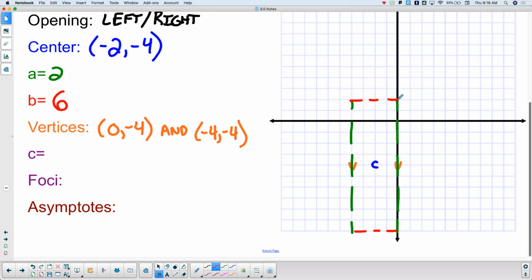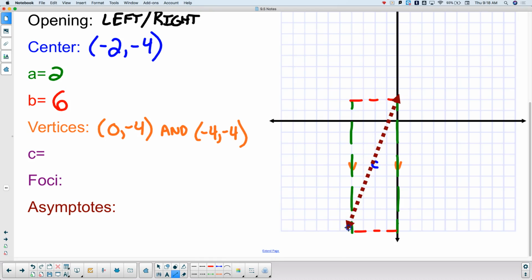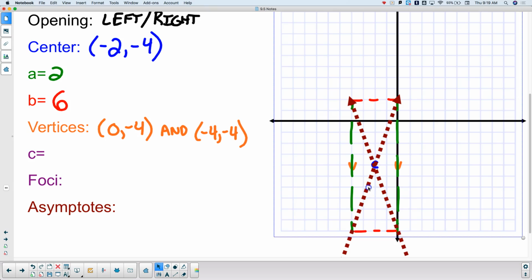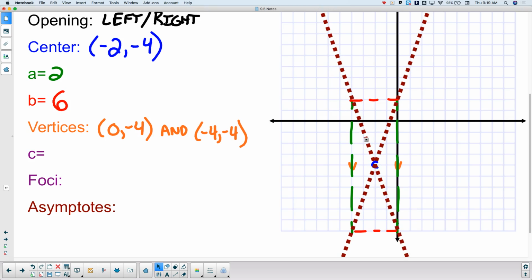So there's the box. That means I can draw in my asymptotes.